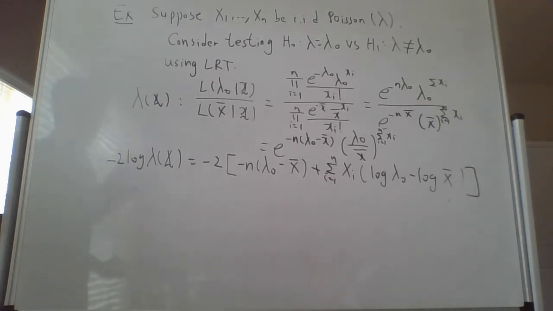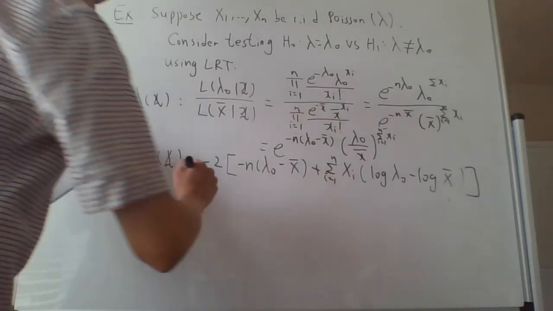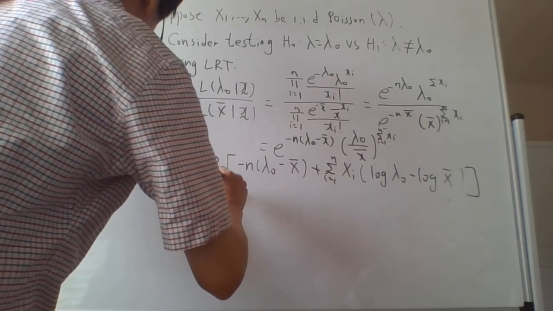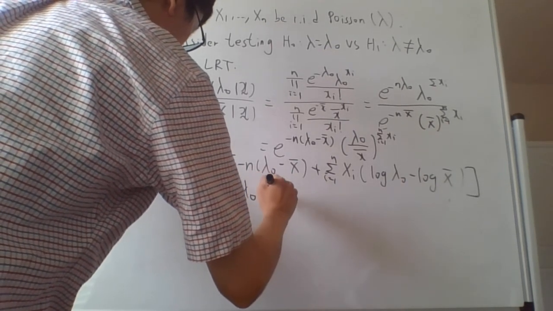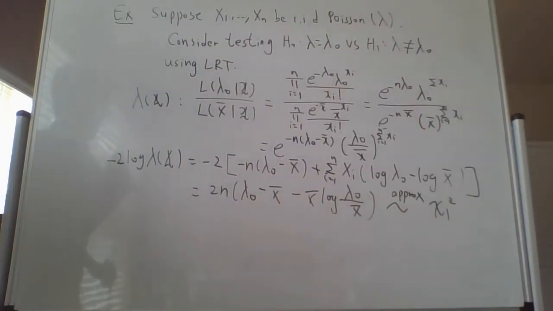Then we multiply the entire term by minus 2. You can rearrange this as 2n times lambda 0 minus x bar times log of lambda 0 divided by x bar, which is approximately chi-square distributed with 1 degree of freedom.